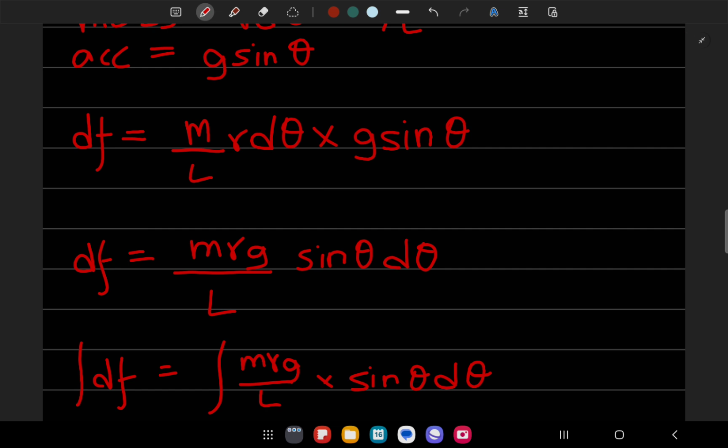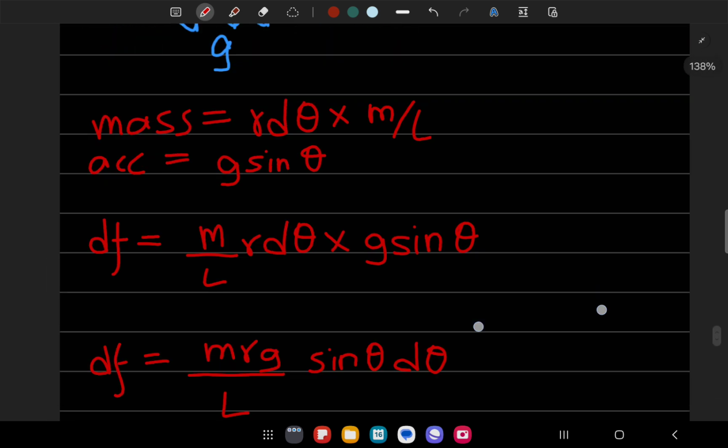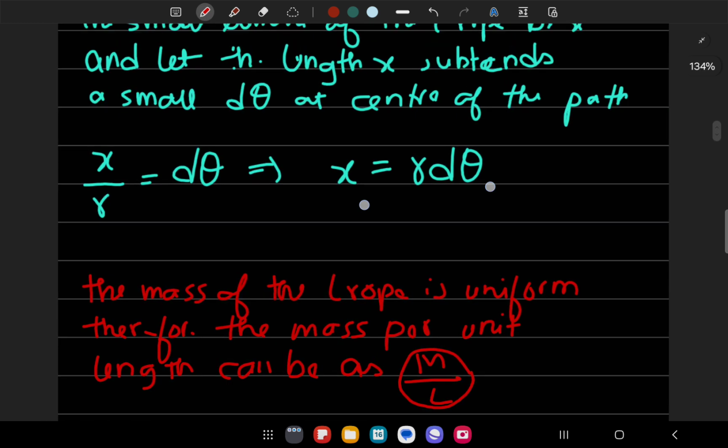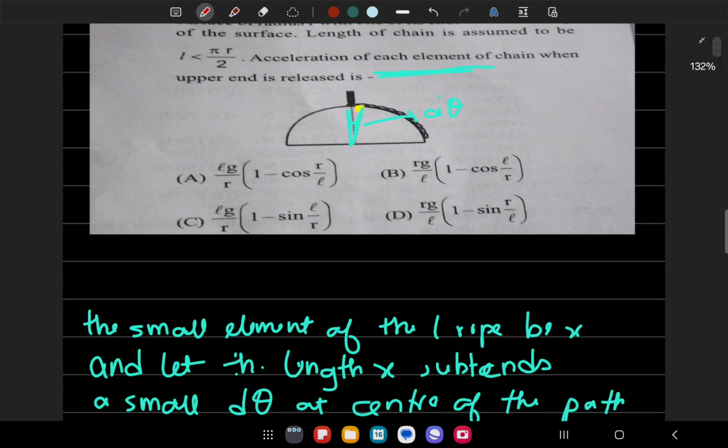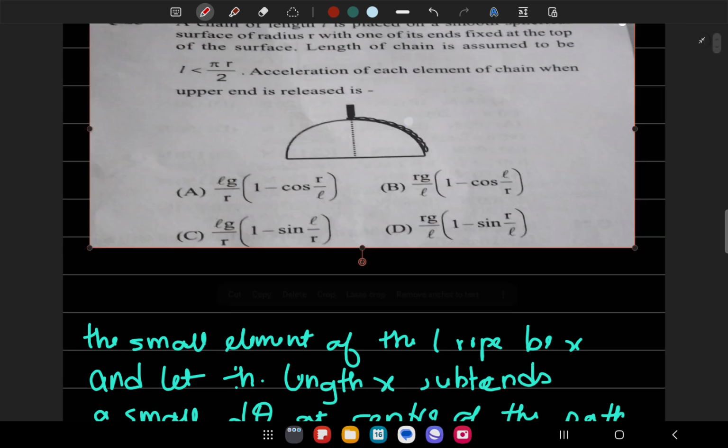To make it a definite integral, we have to find the limits. It is released from the upper end, meaning we want the acceleration just after release, and the length of the rope is smaller than the perimeter of the quadrant, as I told earlier. So let's assume the length subtends an angle theta.